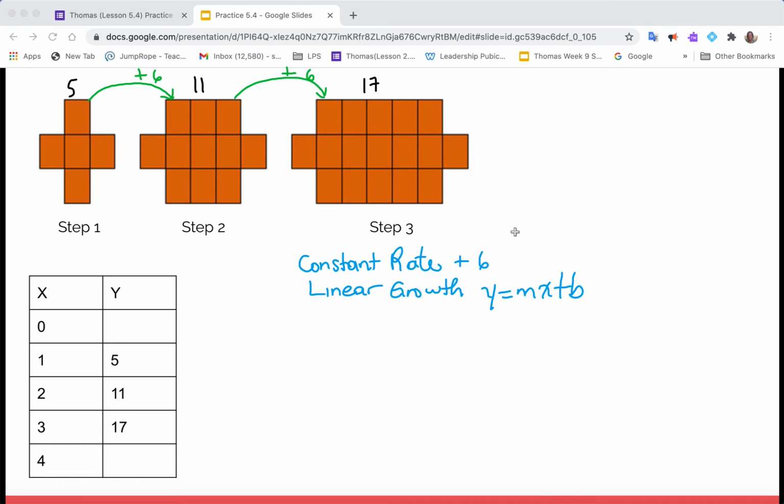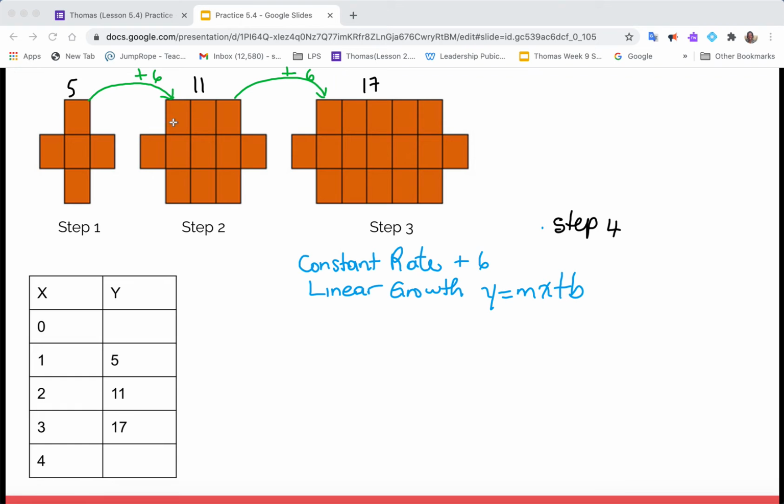I am going to do an additional step, which is let's look at step 4, just to make sure the pattern is continuing. So what do I notice about step 4?